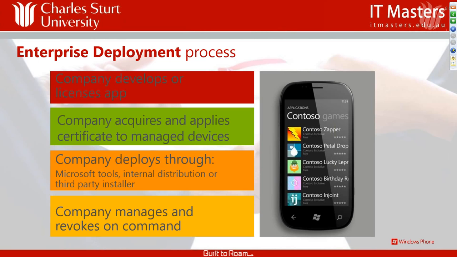Now, the interesting thing there is if those devices are managed by an organization, so they're subscribed to a mobile device management service, the company can then revoke those applications. Alternatively, if Microsoft determines that an enterprise certificate has gone rogue and it's being too widely circulated, they may elect to revoke that enterprise certificate, in which case all devices running those applications would not be able to run those applications anymore. And that's specific only to those applications that were deployed through that enterprise certificate.